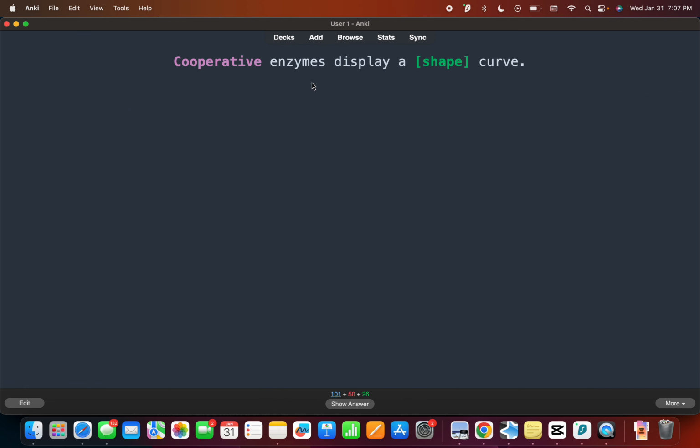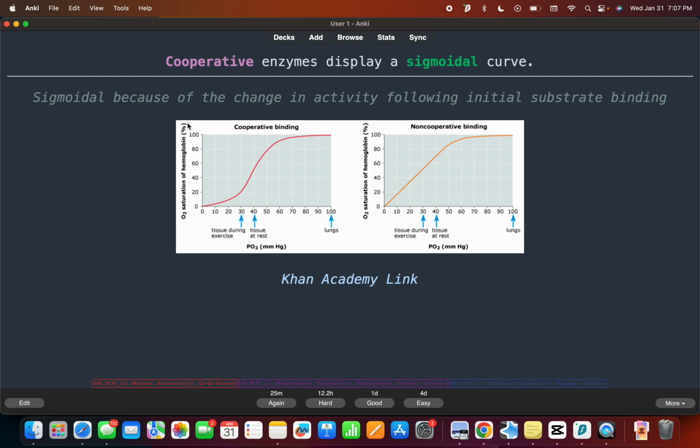Cooperative enzymes display a what curve? A not hyperbolic but a sigmoidal curve. Sigmoidal because of the change in activity following initial substrate binding. So it's like a positive cooperativity where you get cooperative binding.